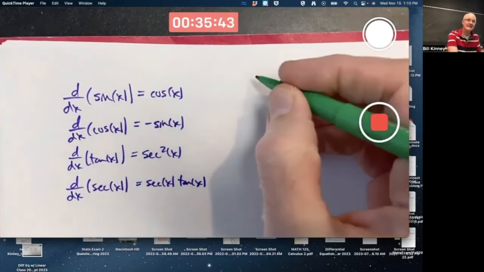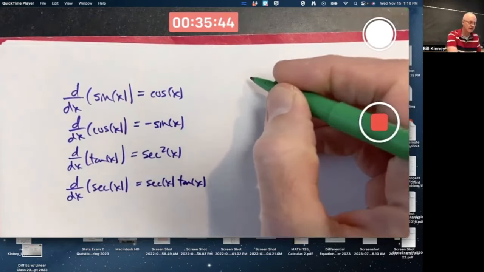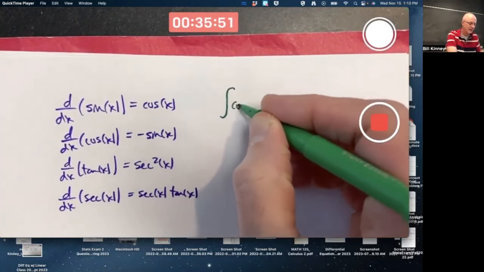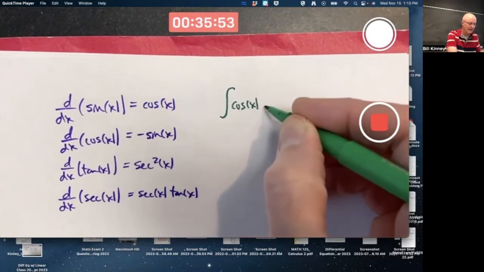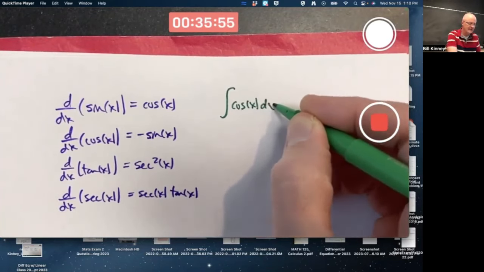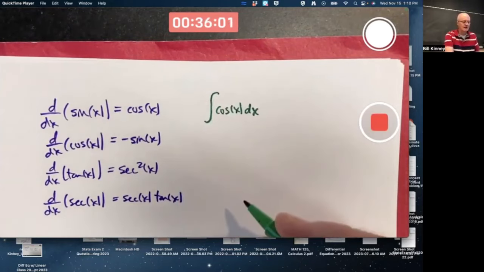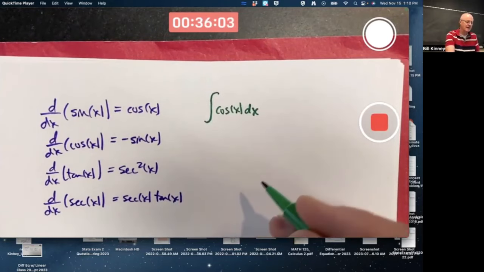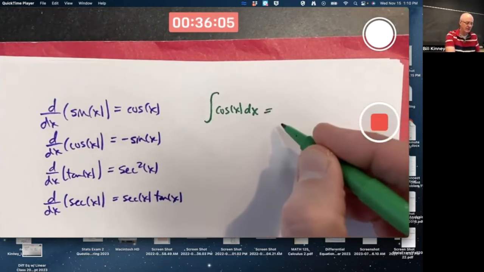Indefinite integrals are easier than definite integrals. Effectively, when you write the integral sign and you write your function, in this case, I'm going to write cosine of x and then put a dx to emphasize the variable as x. It's just an indefinite integral sign with no limits of integration. All this means is write down the most general antiderivative of this function.